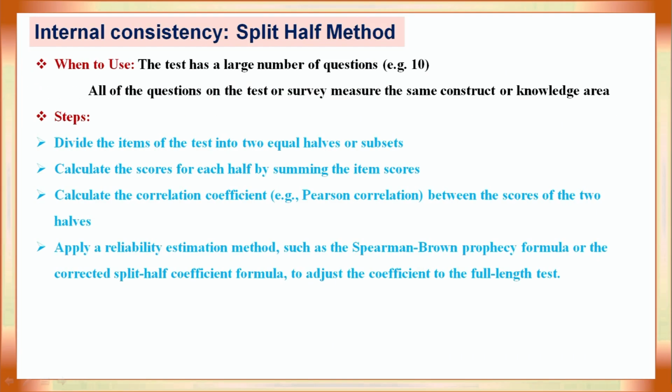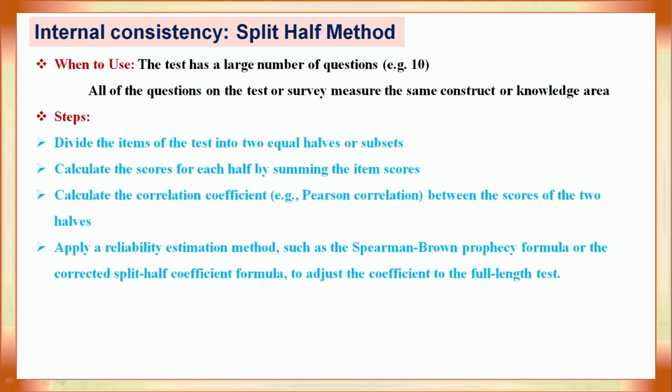Now, one of the most popular and mostly used methods of reliability calculation is the split half method. But for using this particular method, you have to keep certain limitations in mind. Also, we will look into the advantages of using this method. The first thing is that for using the split half method, the number of questions should be more, at least more than 10 items.